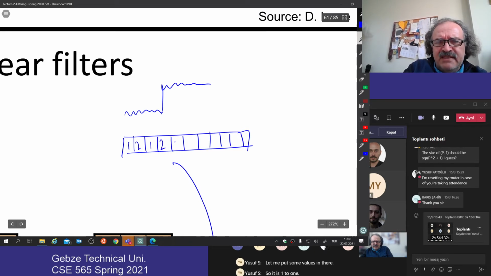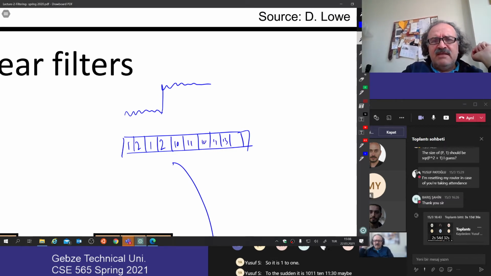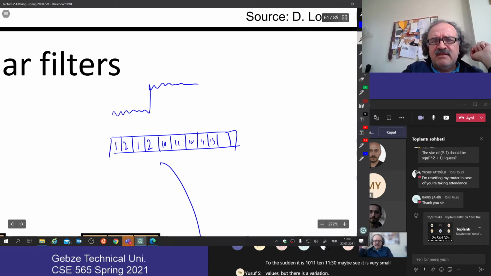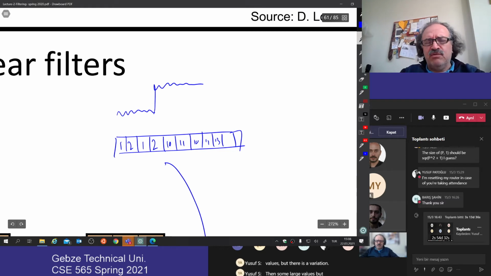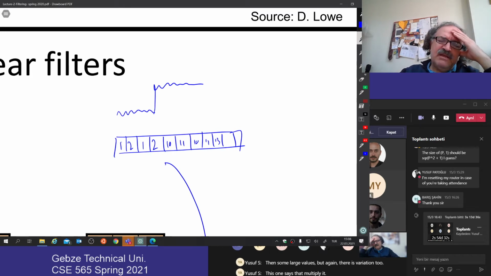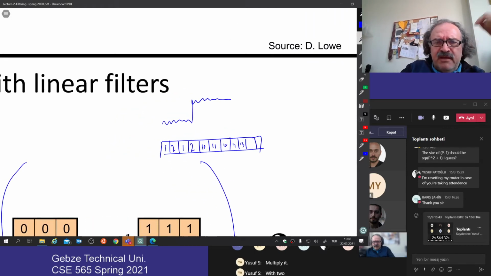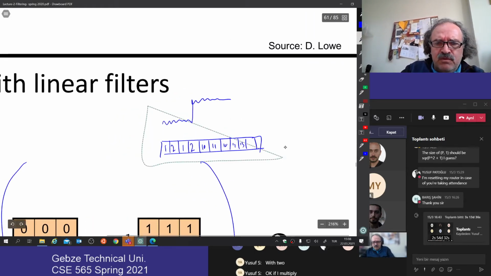Then suddenly it is 10, 11, 10, 11, 13 maybe. See, it is very small values, but there is a variation. Then some large values, but again there is variation too. This one says to multiply it with 2.